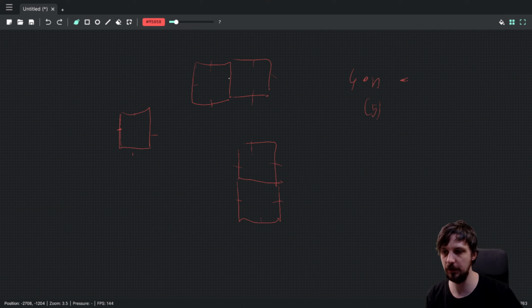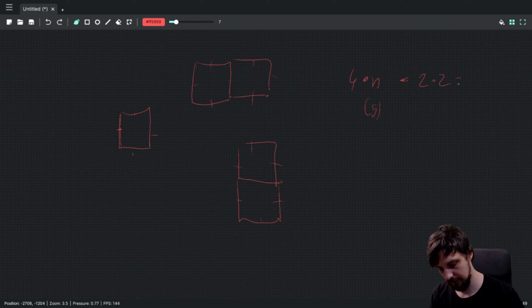But I need to do it twice, so one time for each square. Let's call it 2 times c, which is commons. So this is how we can approach this. And in this case, it is 20 minus 4, which gives us 16.